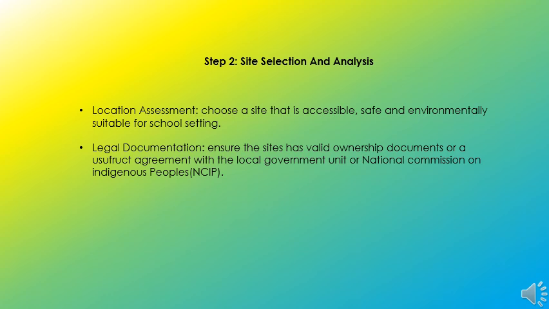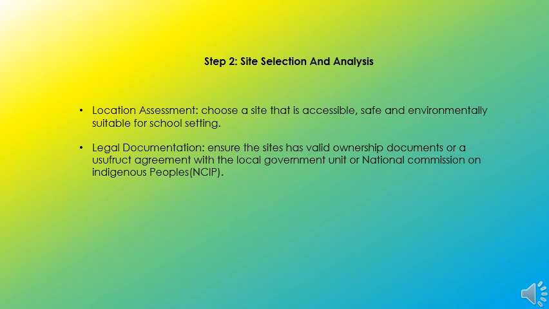Step 2. Site selection and analysis. In this step, we have location assessment. We need to choose a site that is accessible, safe, and environmentally suitable for a school setting. Next is the legal documentation.